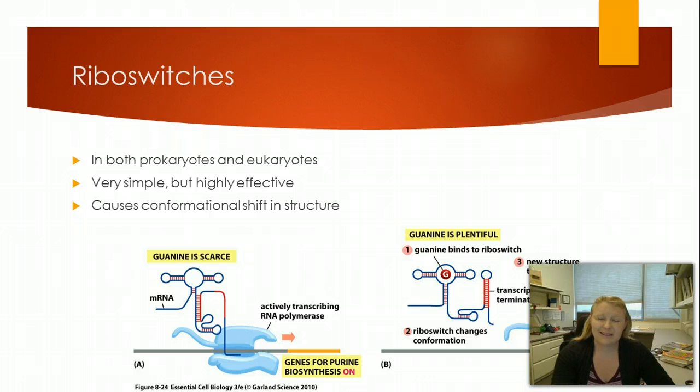This inhibits the translation of the mRNA into protein, because we don't need any more guanine. We have plenty of guanine here. When the guanine that's attached, you can see on this image, is used up and removed from the situation, the conformation will change, and we'll go ahead and make some more mRNA and then more guanine out of it. So make sure you understand how that riboswitch works.